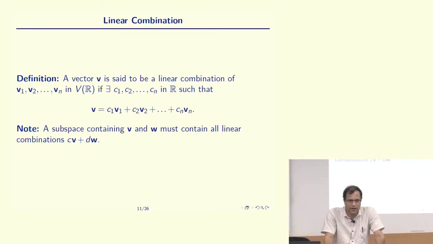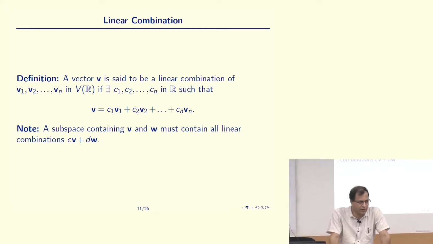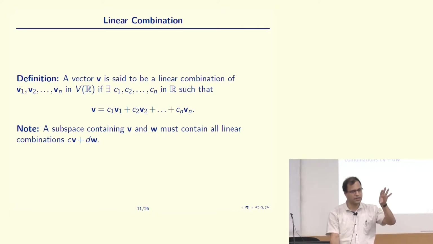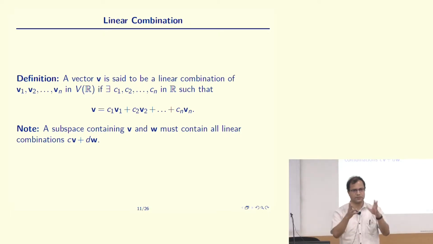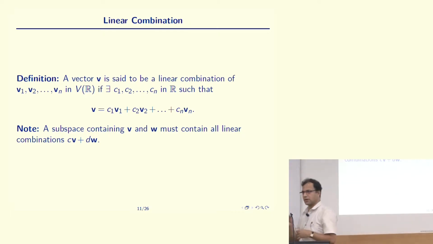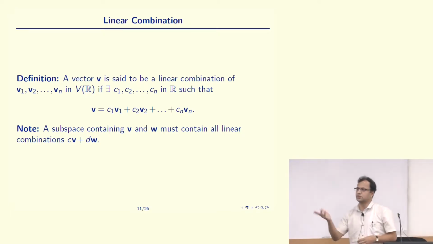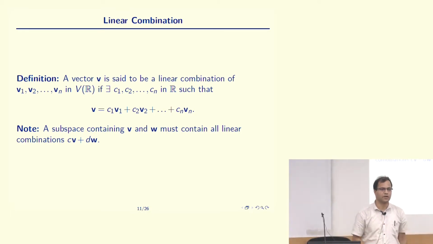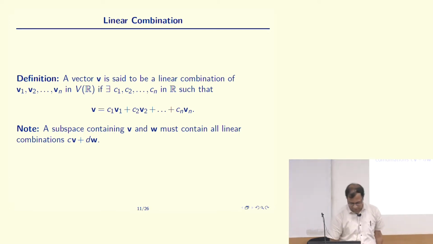So we have already defined the subspace. If you know that a subspace contains 2 vectors v and w, it should contain all linear combinations of v and w. Otherwise, you will not be able to verify that it is a subspace.